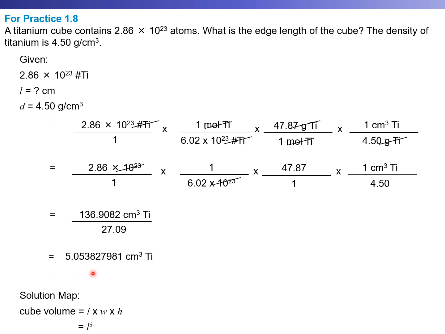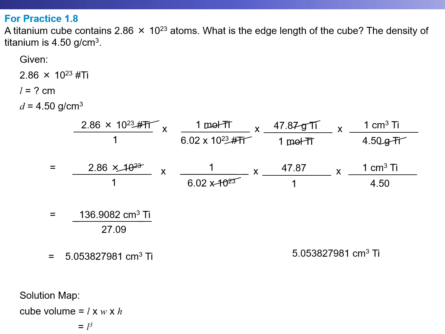I now need to take the cube root of this value, because remember we said that in order to get that cubic centimeters, we had to multiply length times width times height, which in this case is L times L times L. So now we're going to take the cube root so that we can find the value of L, which will give us our answer.